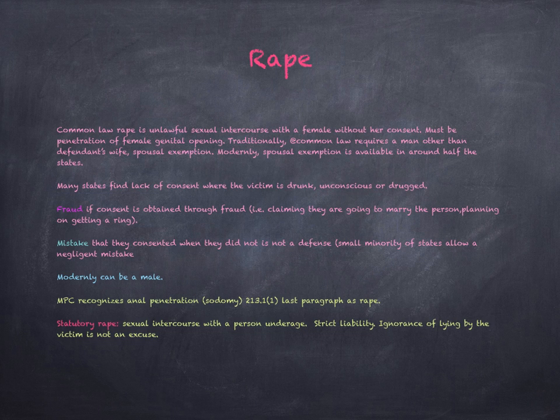This is just straight up rape. Usually this is not tested, but you might need to know it. Modernly, it can be either a male or a female, and the MPC recognizes anal penetration as rape, which is actually sodomy, and that's where you can find that.